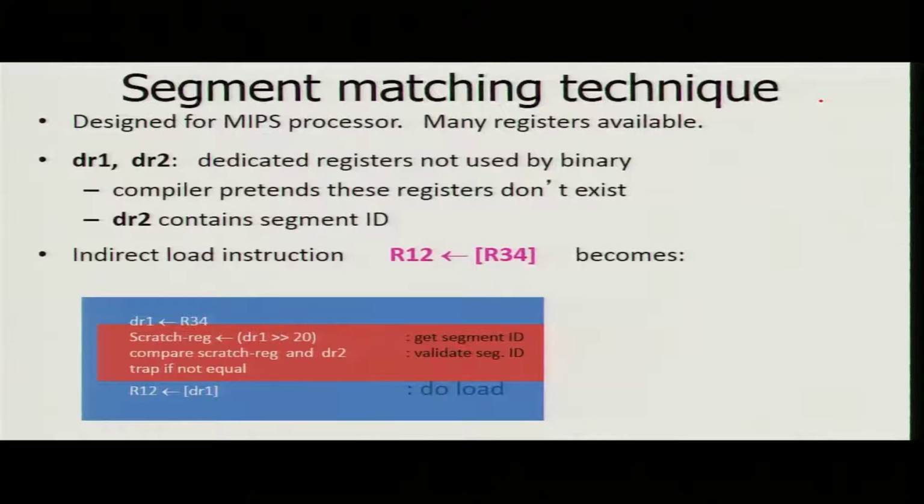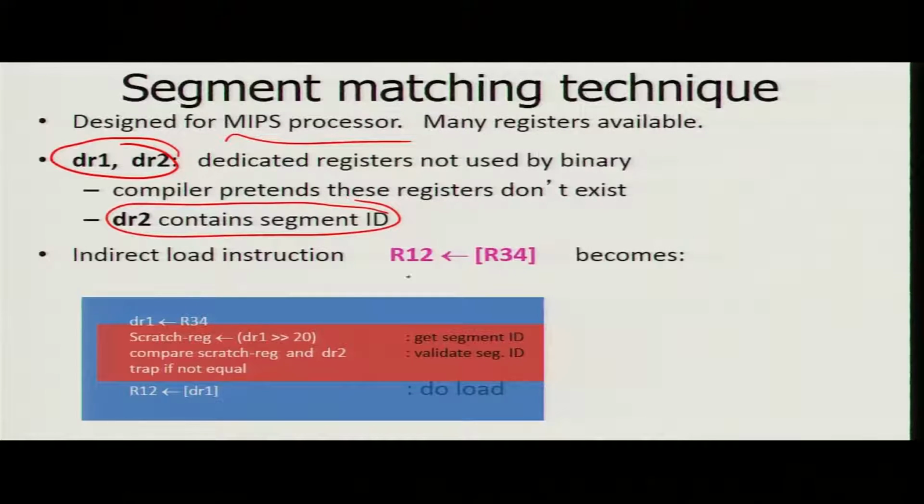The segment matching technique basically does the following, and it was designed for MIPS processors. They keep two dedicated registers to do the arithmetic for segment addresses, and DR2 contains the segment ID. Suppose you are trying to load from this address, so this instruction will become this many instructions, because what you have to do is compare the segment register and DR2.